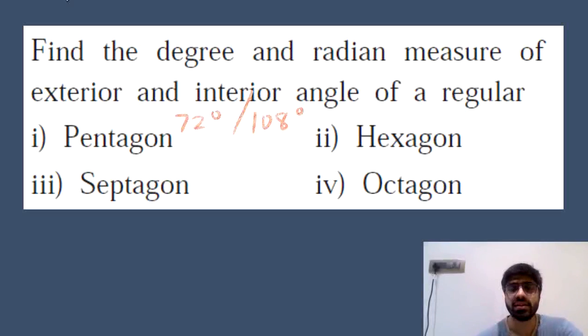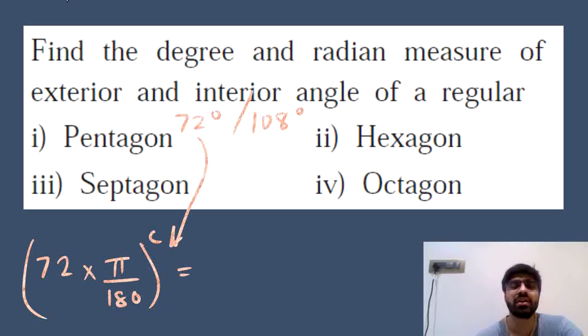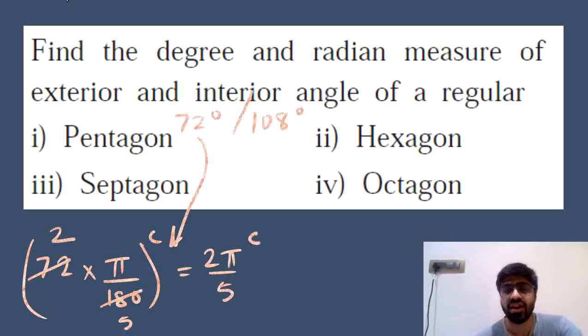To convert these angles into radians, what we do is we multiply them with pi by 180. 72 degrees into pi upon 180. So when you multiply it with pi by 180, the angle gets converted to radians. And we can divide it with 36. So 36 2s are 72, 36 5s are 180, and the exterior angle is 2 pi by 5 radians.